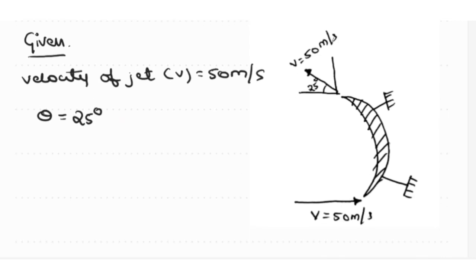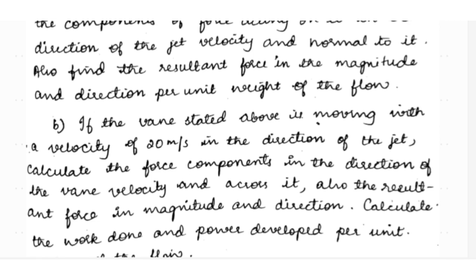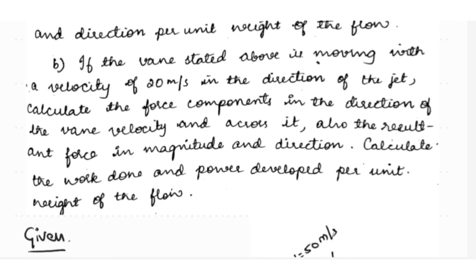Instead of memorizing the formula every time, we can derive the equation on the spot itself. Here we should get Fx, Fy, resultant force, everything per unit weight of the flow. You can make a note of this, per unit weight of flow.